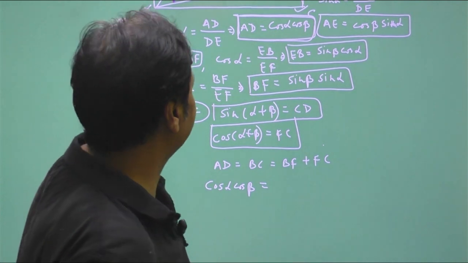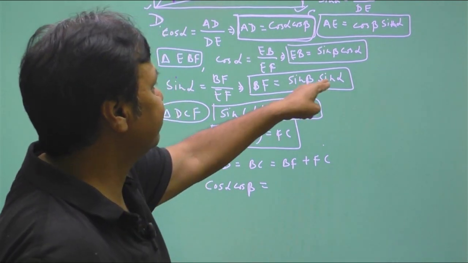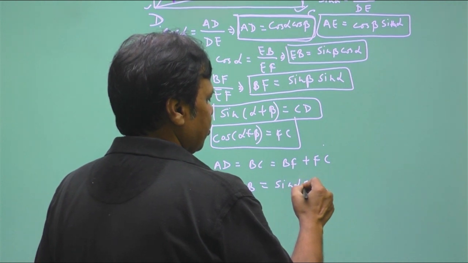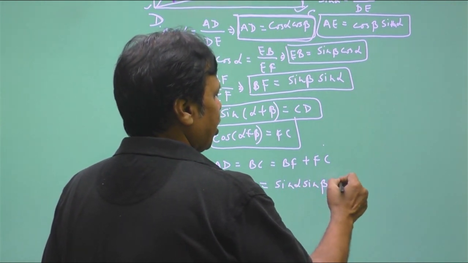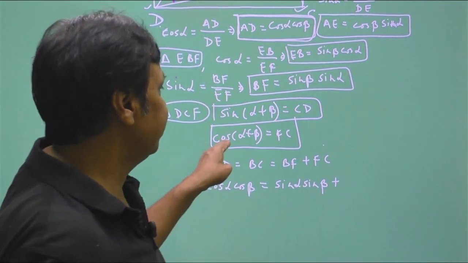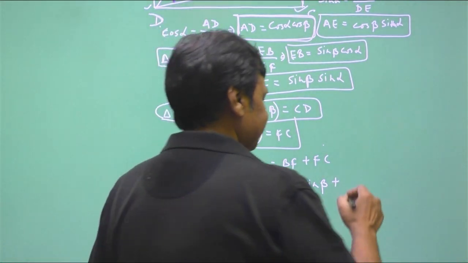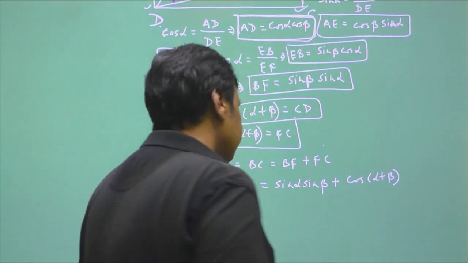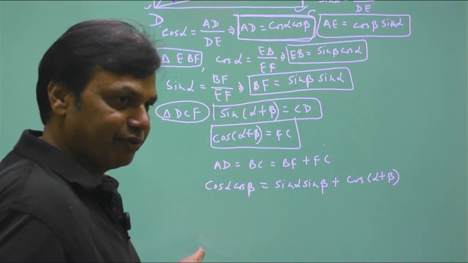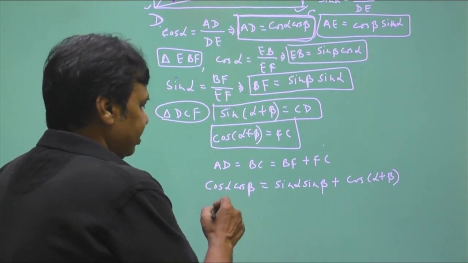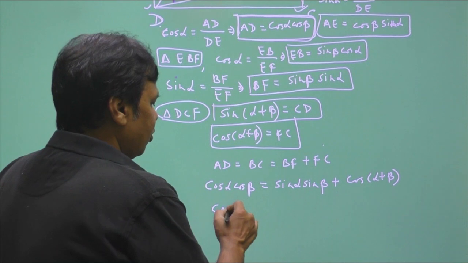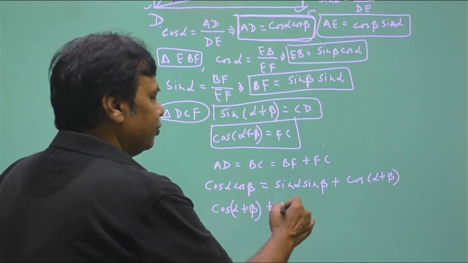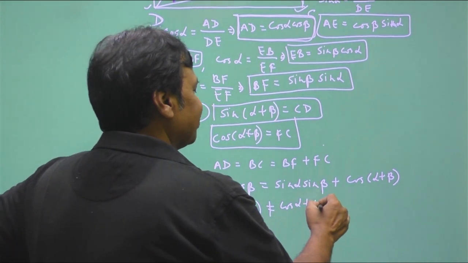And BF, where is BF? BF is sin alpha sin beta. And FC is cos alpha plus beta. So what I get from here is that cos alpha plus beta is not equal to cos alpha plus cos beta.